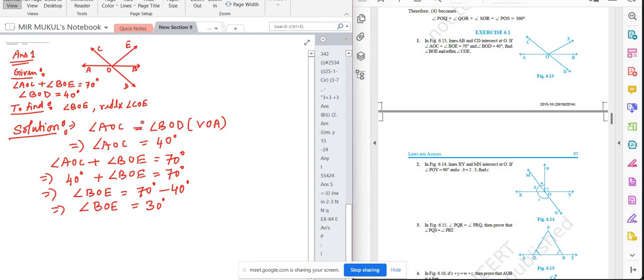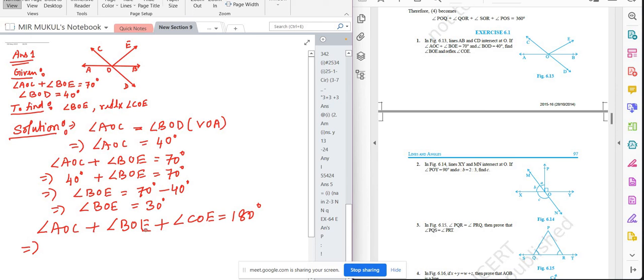After that we have to find reflex COE. So first COE we will find. Angle AOC plus angle BOE plus angle COE, how much? 180 degree.